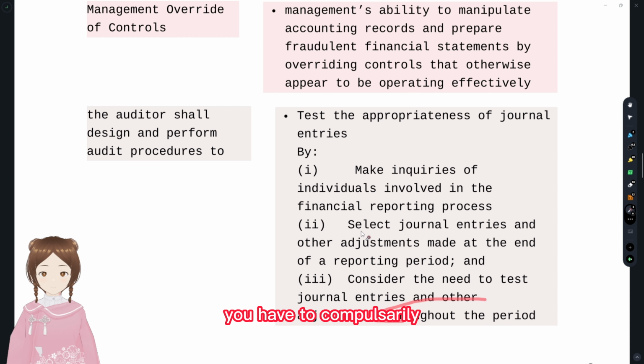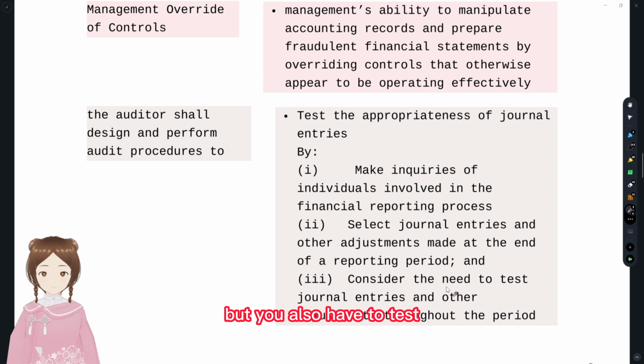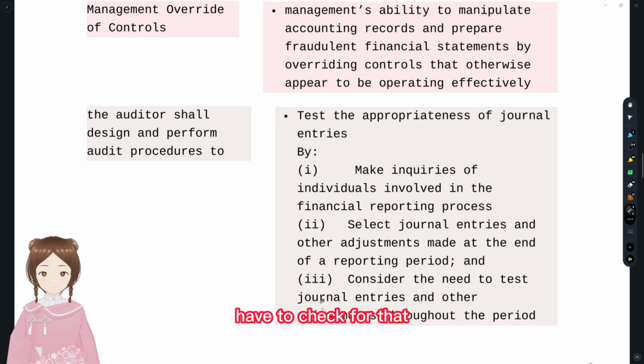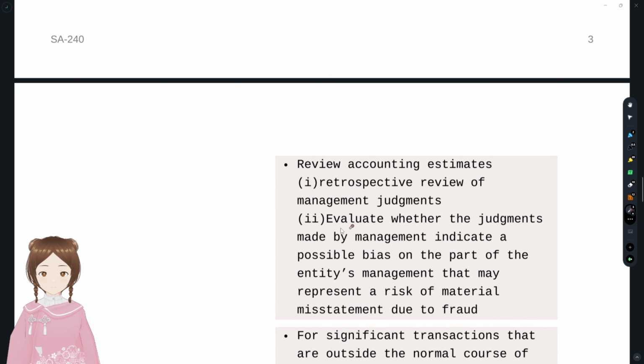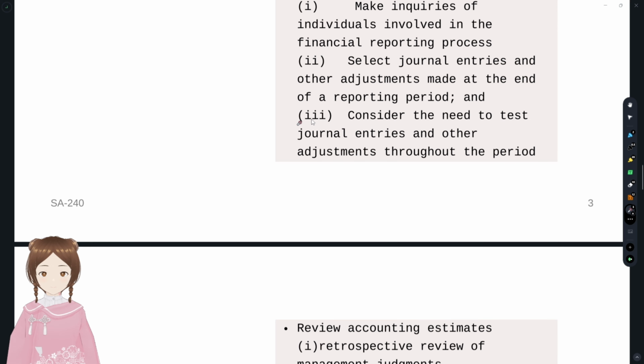First, you have to compulsorily review a few journal entries and all the adjustments at the reporting period end. But you also have to consider the need to test journal entries and other adjustments throughout the period. This is mostly considered when the fraud is very significant.